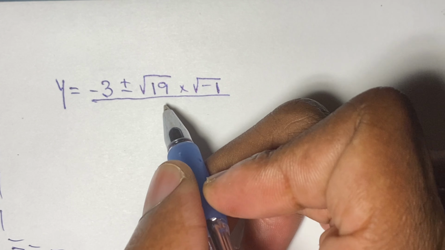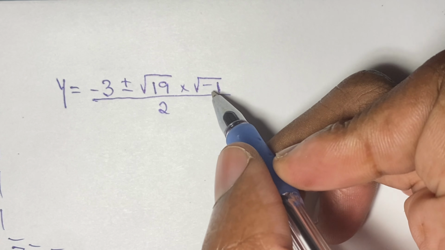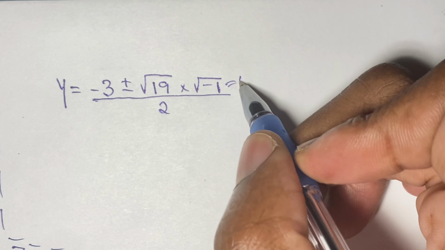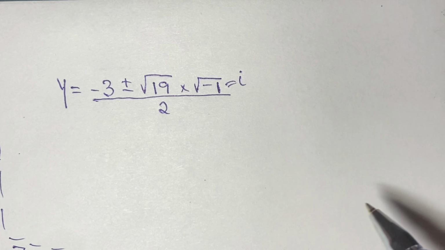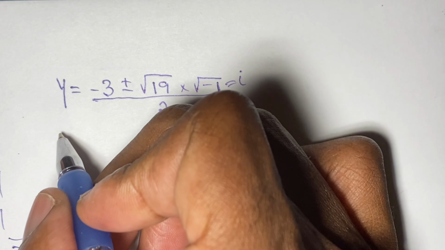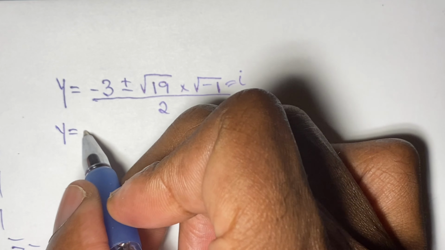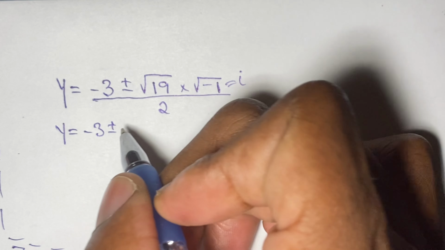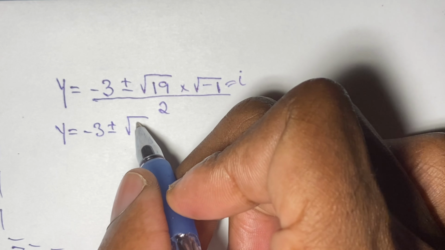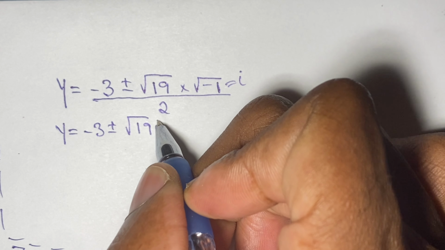And we have all of this over 2. We know that the square root of negative 1 is an imaginary number, so it is represented by the letter i. So we'll just write our equation for y to be that y is equal to negative 3 plus or minus the square root of 19 i all over 2.